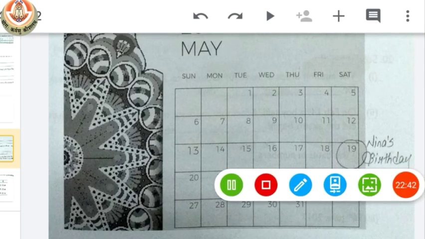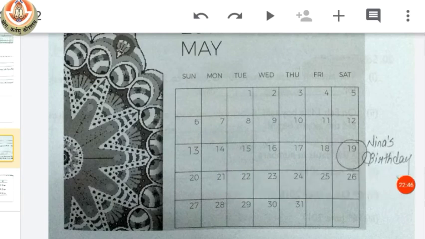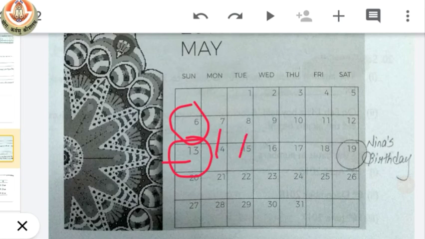You can see here, this is the first Sunday and this is the second Sunday, and Nina's birthday comes after 6 days of Mother's Day. So it is first day, second day, third, fourth, fifth, sixth. That means Nina's birthday comes on 19th of May.